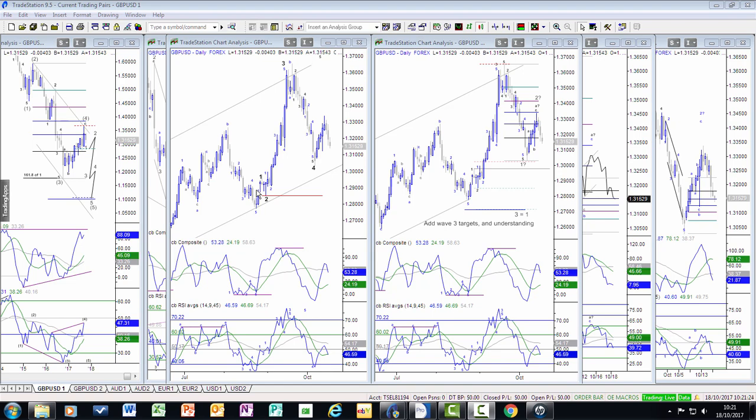If this count was correct, with a 1, 2, 1, 2, 3, 4, 5, 3, A, B, C, very deep fourth, then the expectation would be for a fifth wave after the completion of what is a 9 wave count for wave C, which is 1, 2, 3, 4, and then the extended fifth 1, 2, 3, 4 and 5.